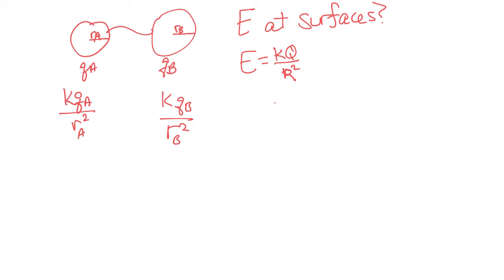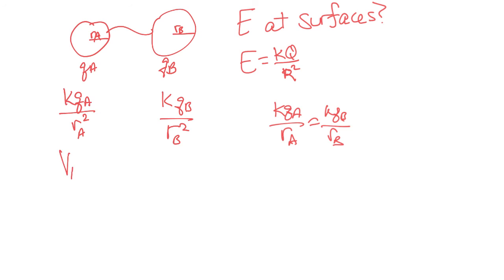Well, what do we know? We know that KQA over RA is KQB over RB, because that's how this was determined: we put this wire between them and the voltages were the same. So what is this?